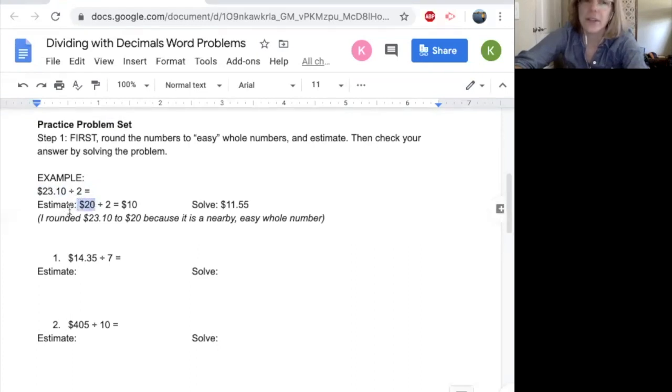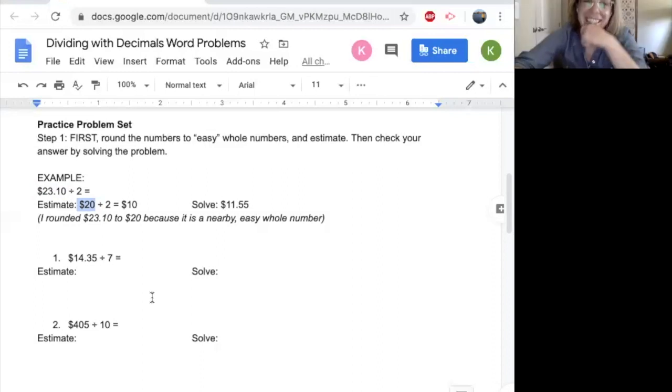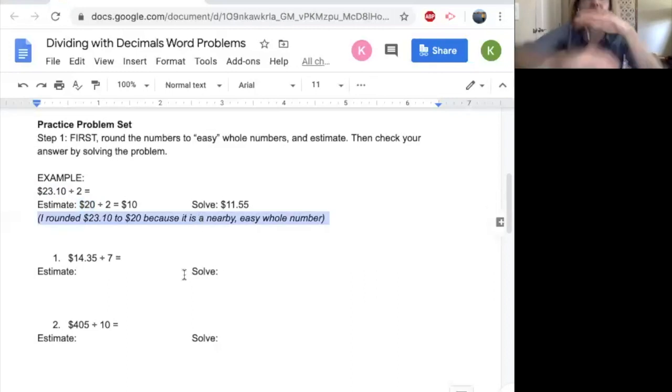I rounded that down to what, Chips? 20. 20 what? Dollars. Good. Because it was a nearby easy whole number, just to make sure that when I'm dividing, I end up with an answer that's approximately correct.